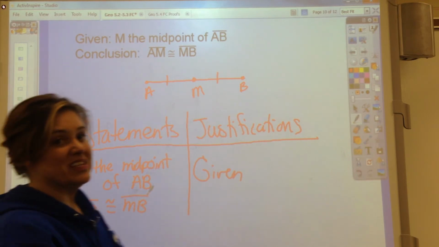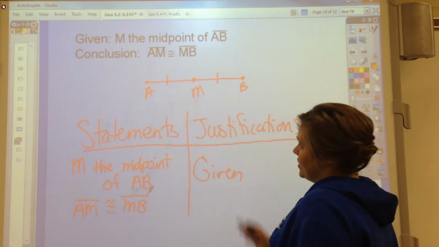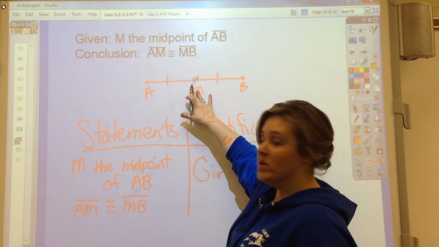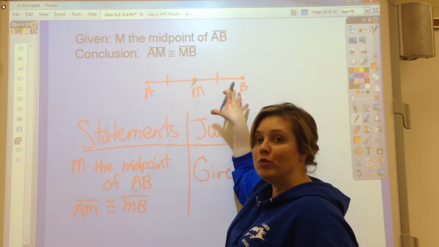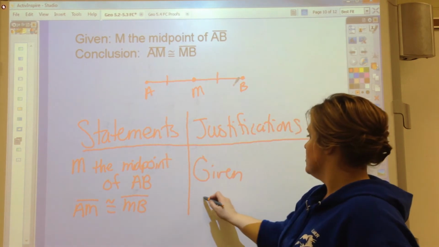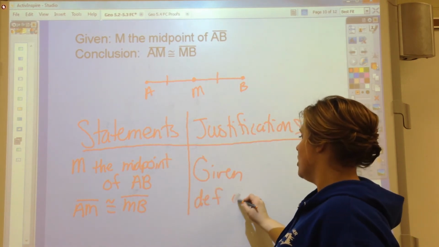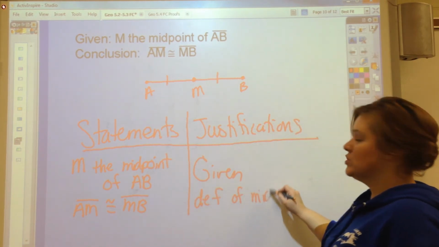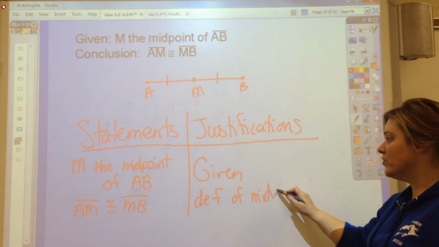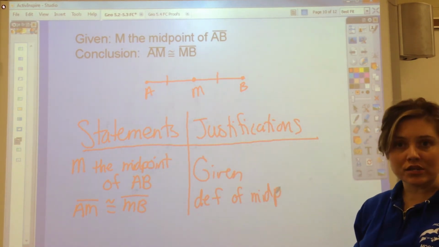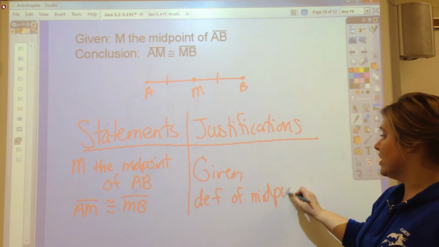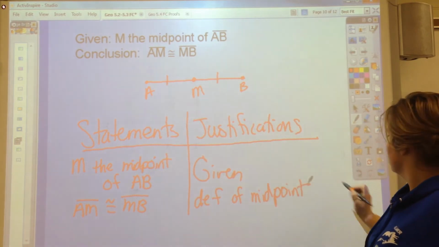Hopefully you'll agree with me. It's because of the definition of midpoint. By definition, it tells me if it is the midpoint, then it is equidistant from its endpoints. So I would put definition of midpoint. Now make sure that these one-step proofs are getting really comfortable for you, because in the very next section, we're going to take it up a notch. We're going to have multiple steps.